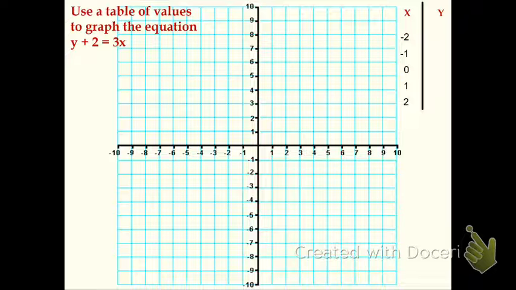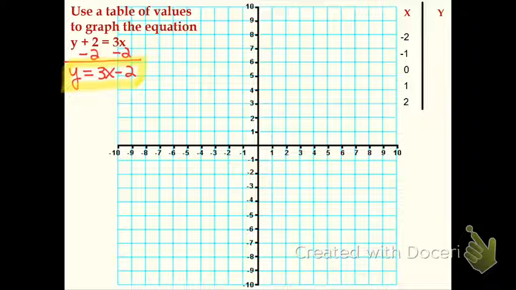And then what we end up doing is following through those steps that we mentioned before. The first thing we're going to do is solve the equation that's given to us for y. And then that equation is what we will use to calculate the y column in the table.